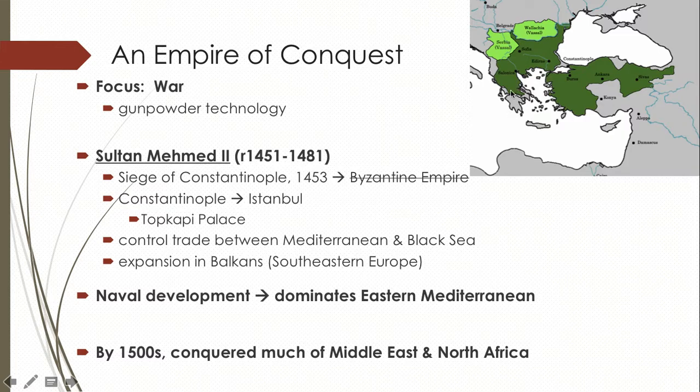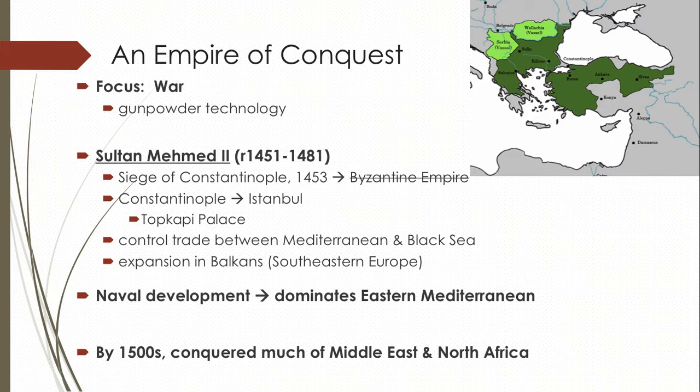So this is not just an Asian empire, it's also going to be an empire that expands into Europe, but also into North Africa. So this is a massive state basically controlling territory that was formerly Byzantine lands and Caliphate lands from the post-classical era.